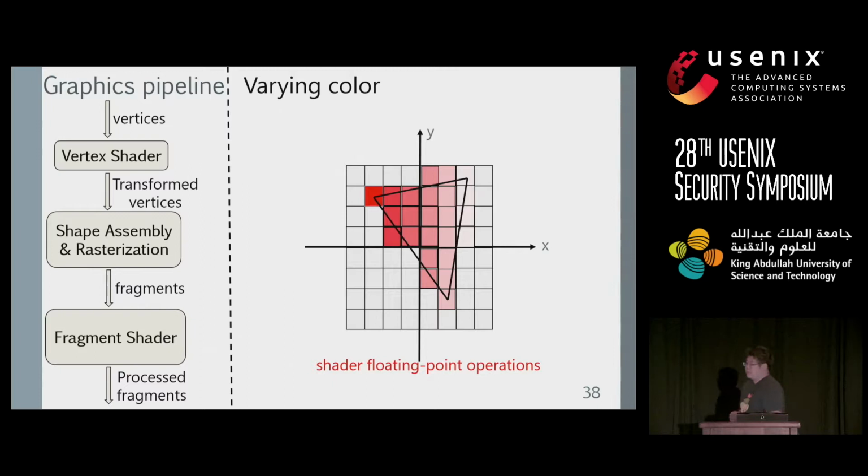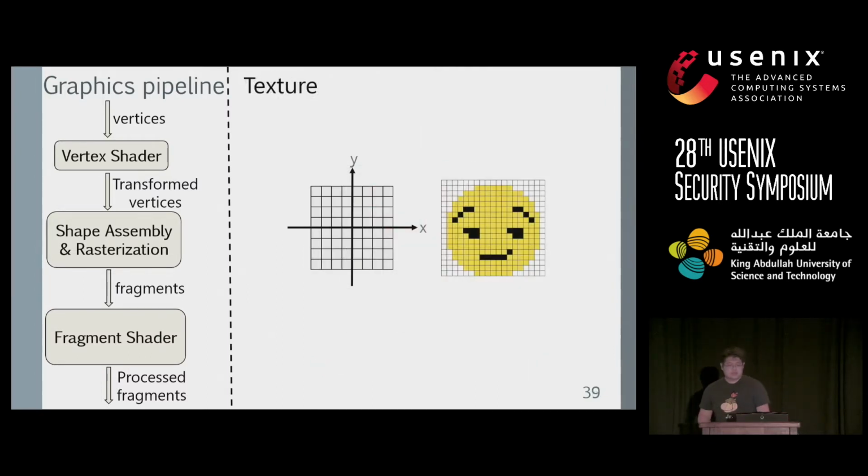The problem is still that even if we can make sure these 3 points have the same location and the same color, the other pixels in this triangle use shader floating point operations, so the result is still different.